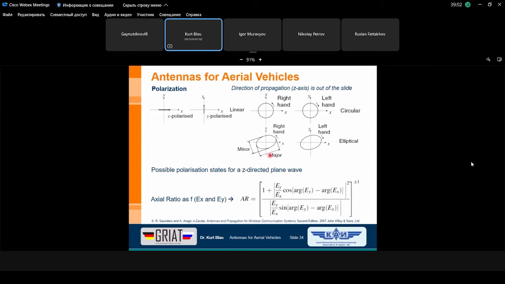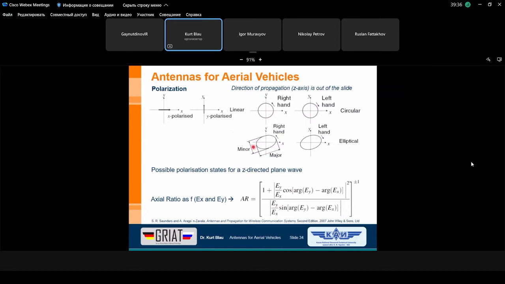This ellipse is not only valid if we look at circular polarization; we will also find an ellipse, but with a very large axial ratio, in the case of our assumed or wished linear polarization.